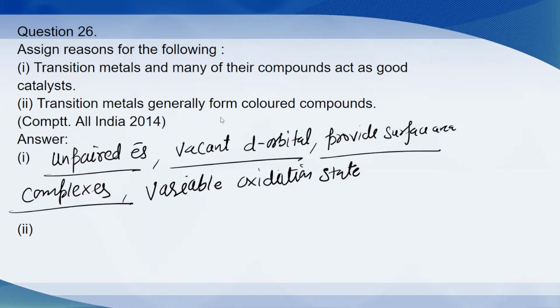Transition metals generally form colored compounds. Again, because of the presence of unpaired d electrons or partially filled d orbitals.